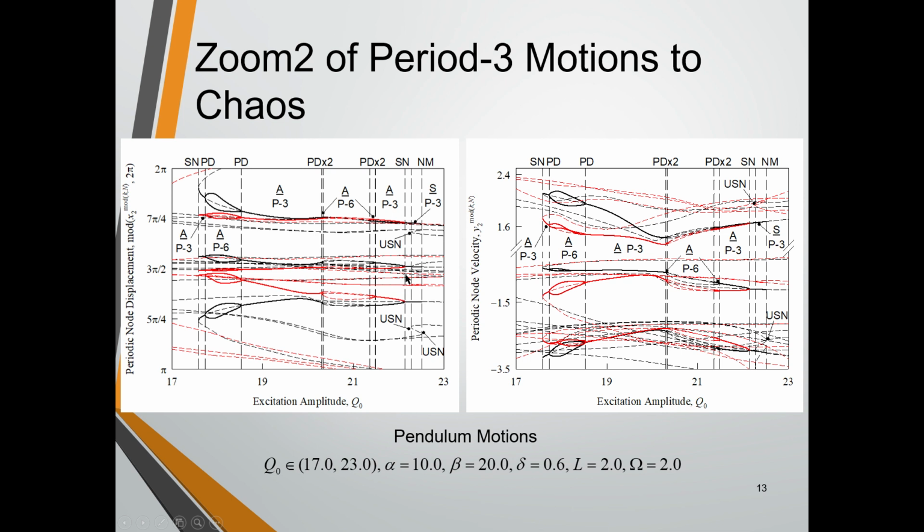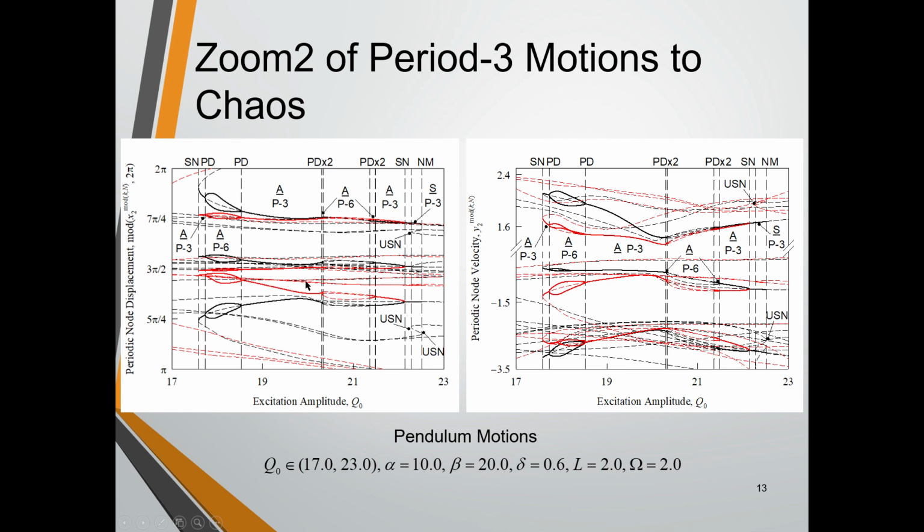This saddle node bifurcation is from the same symmetric period 3 motions, and you can see the asymmetric pair period 3 motion are introduced, and it encounters twice a branch of period 6 motions.